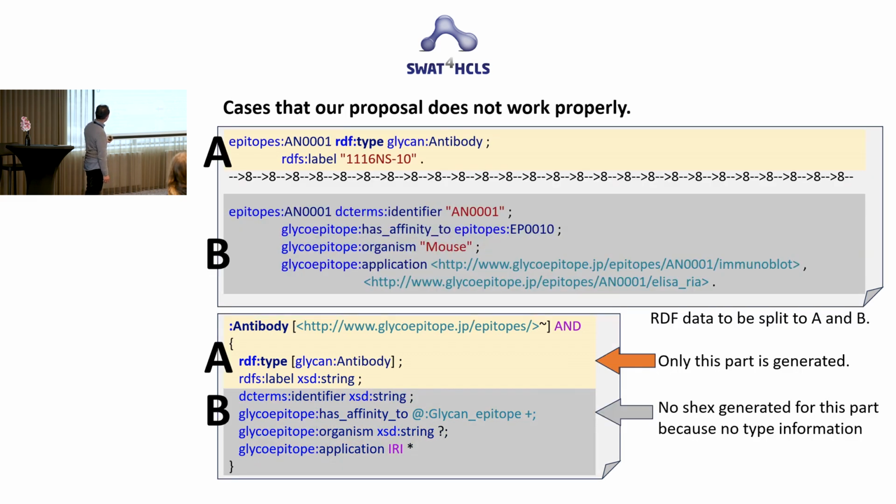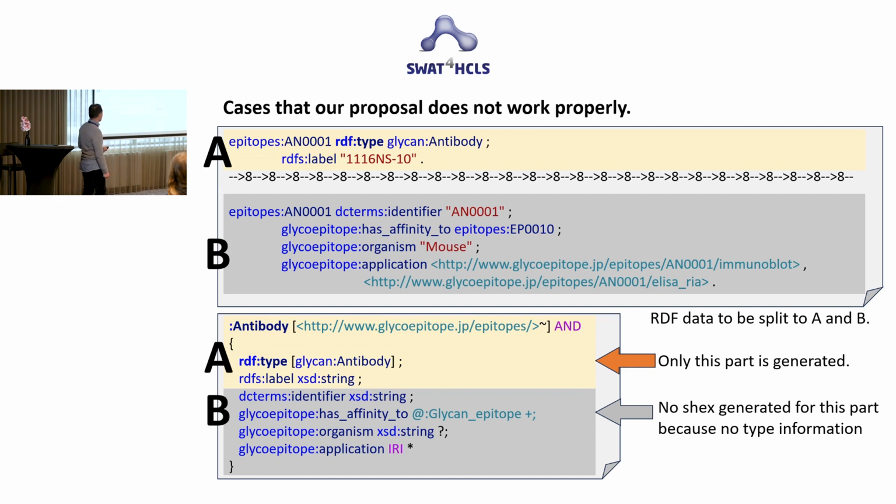But if the split happens between these triples, we only get this type of shape, and this part of the RDF data cannot be accepted by this RDF shape, because the shape extractor focuses only on RDF type triples. In this part, there are no such triples, so we can't get any shape from it. This is a drawback of our approach.